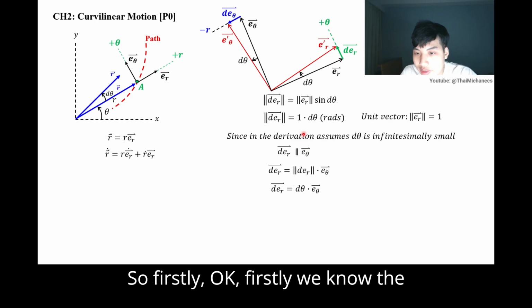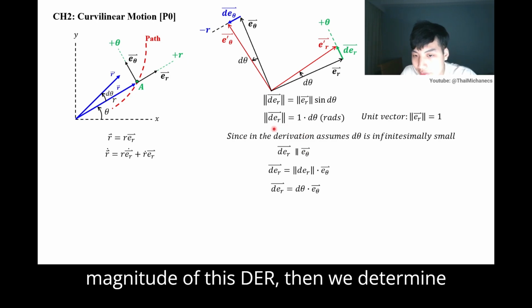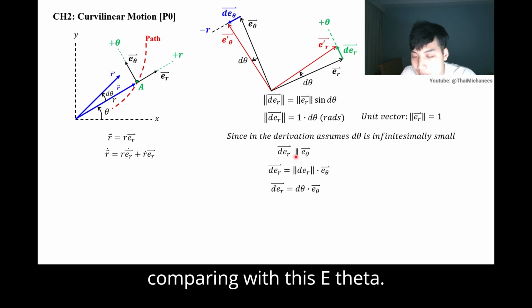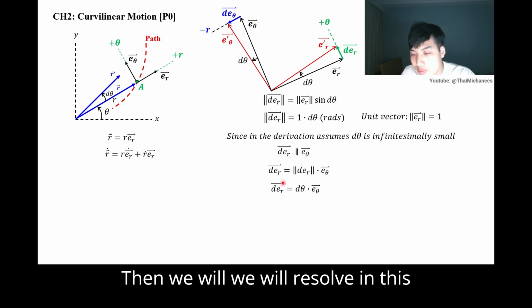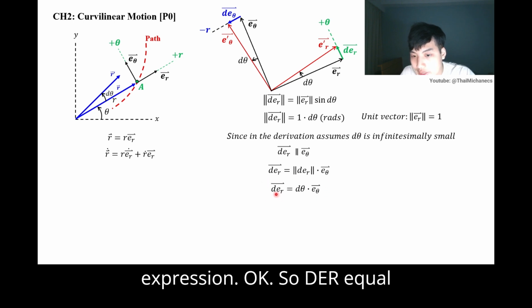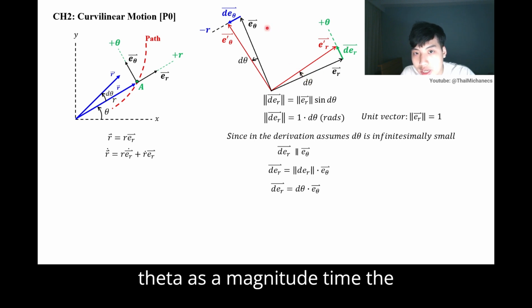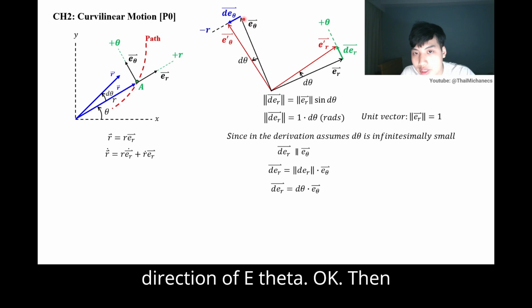Firstly we know the magnitude of this der, then we determine the direction by comparing with this e theta. So der equals d theta as the magnitude times the direction e theta.